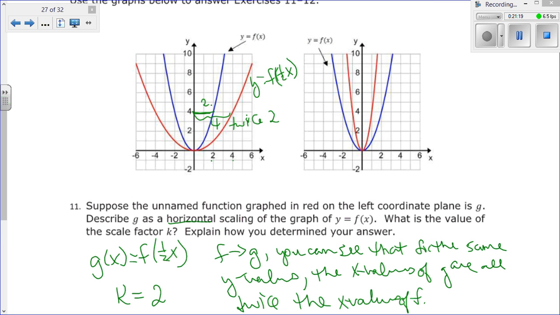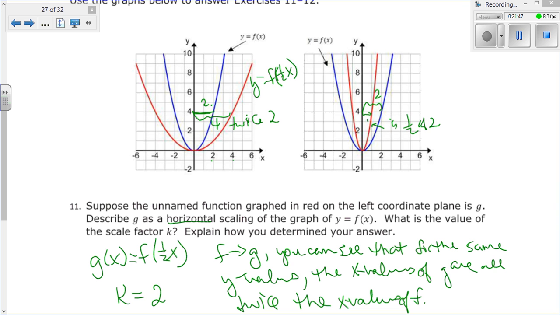So we're going to do the same idea. Let's go up to 4. This distance here is 1, and then this distance here is 2. So that one is half of 2.